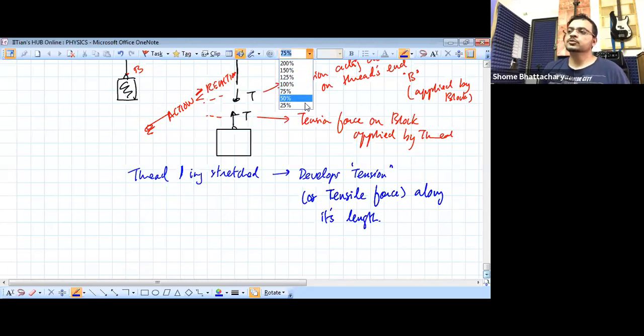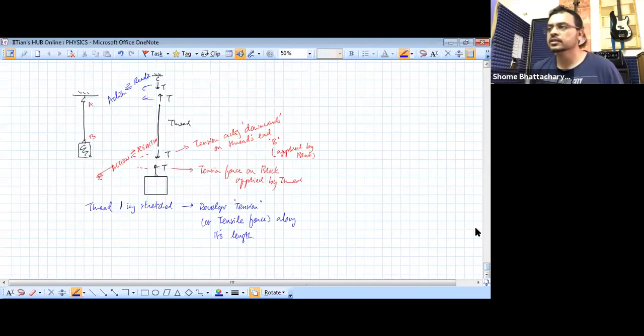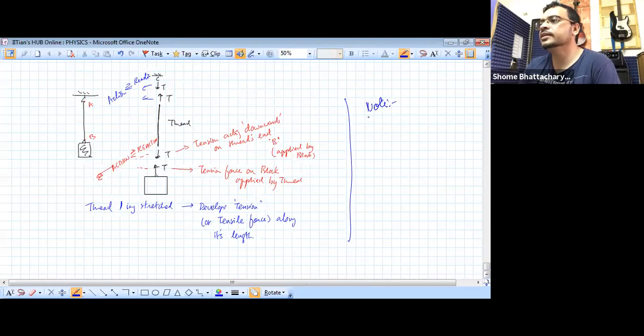Now, these type of forces also, even tensile force acting within a rope or a chain or a thread, is happening because of what? Molecular interaction. So, fundamentally, what is tension also? Fundamentally, tension is also electromagnetic interaction. Tension is also created by electromagnetic interaction.